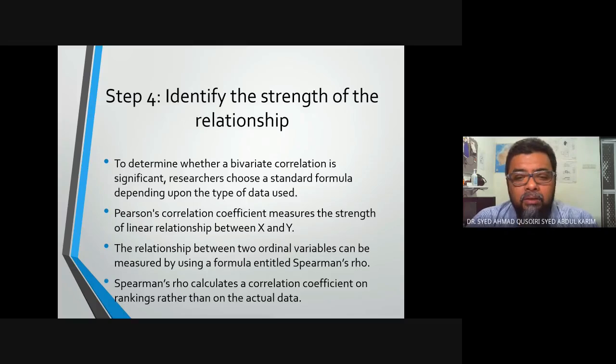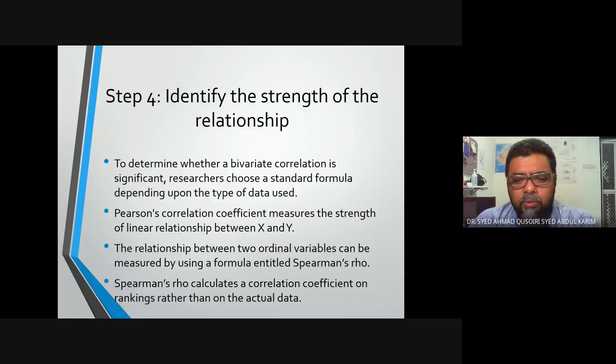Here they would use a Pearson's correlation coefficient that measures the strength of linear relationship between x and y. Because we only have two variables here, and we want to observe the linear relationship, we use the Pearson's correlation coefficient.